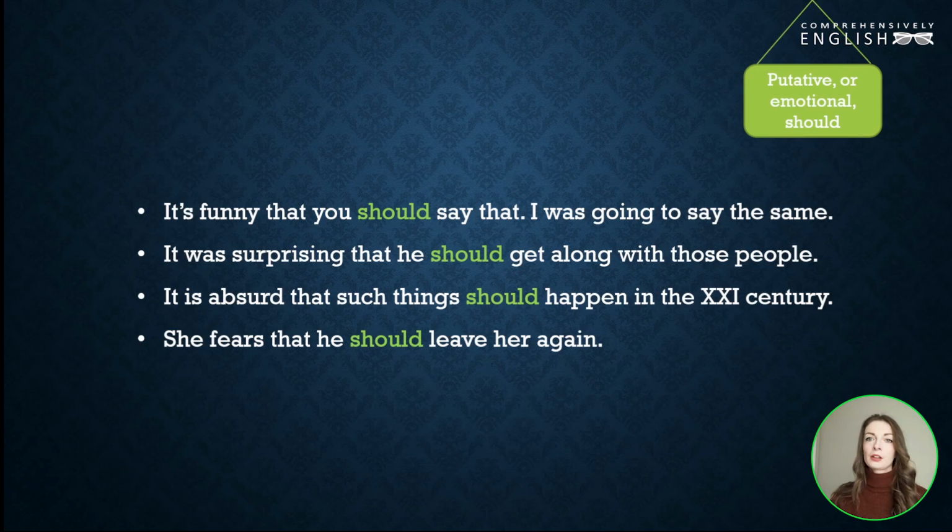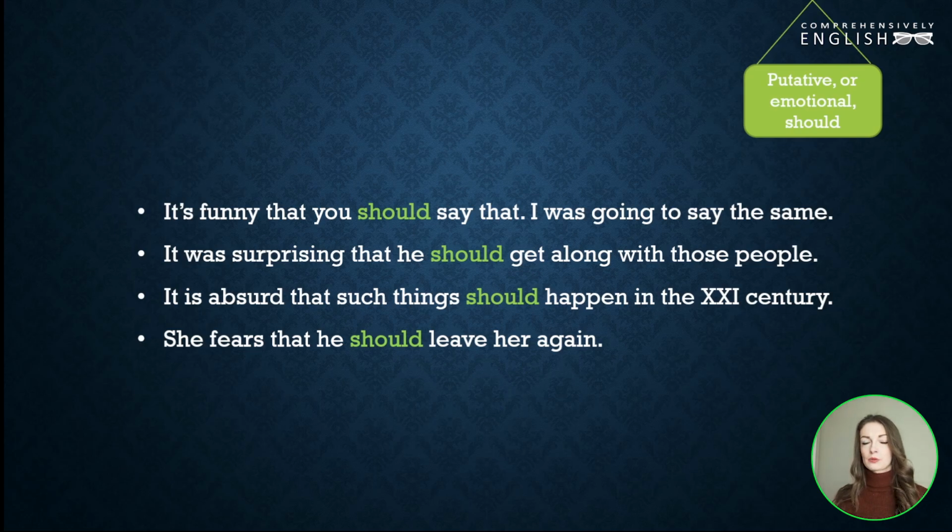In this case, in the subordinate clause, we use should. It's funny that you should say something, yeah? It was surprising that he should get along with those people. This way we express the attitude towards the situation. We don't state the reality. You can paraphrase a sentence and you can say, it's funny that you say that.